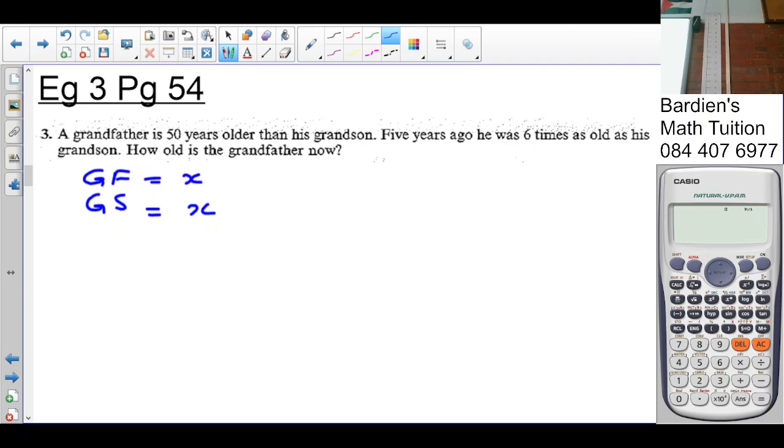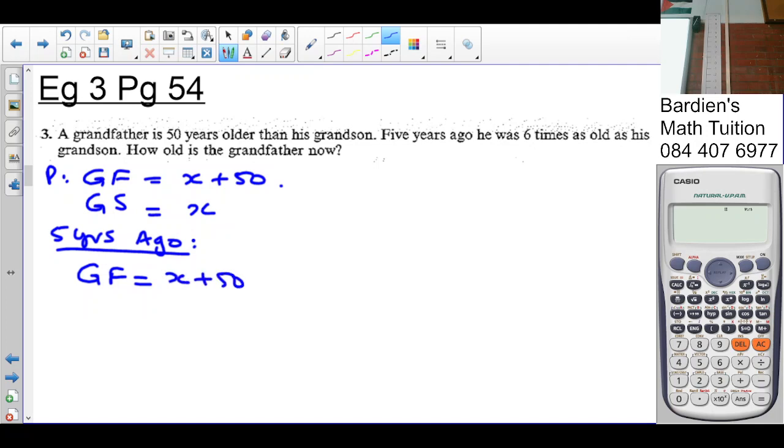So the grandfather will be x plus 50. Now, 5 years ago, this is present, no? The grandfather is how old 5 years ago? If the grandfather is 70 now, how old is he 5 years ago? 65.